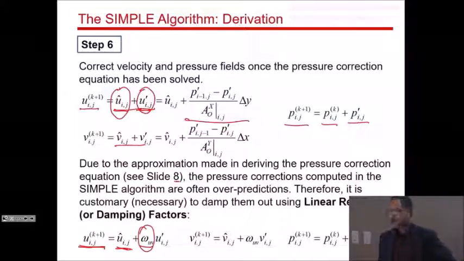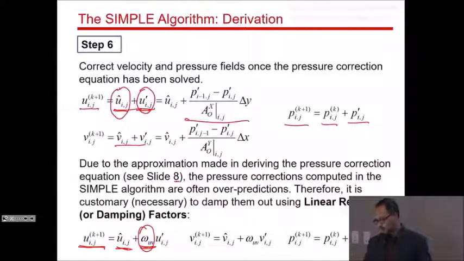If my velocity after solving the momentum was 0.5 and I predicted a correction of 0.2, I'm not going to take 0.2, I'll take a small fraction of it, maybe half of it. So it's going in the right direction, but I don't let it go completely, because I've made a mathematical approximation in deriving this. If this was exact mathematics, I wouldn't have to worry about it. But since this is inexact mathematics with approximations built into it, I often have to use these linear damping factors.